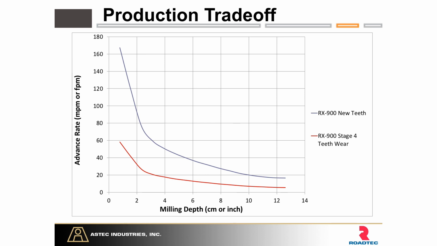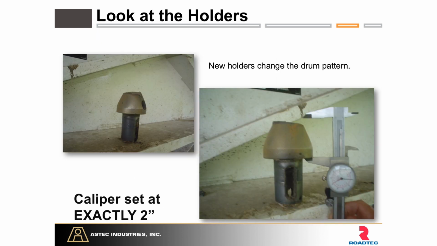So it's important to watch our tooth wear in terms of our milled surface, but also it behooves us to remove them in a timely manner once they're worn. Otherwise, the whole project's going to suffer in one way or another. Once a tooth is worn too far, let's say we've gotten past stage 4 and it's worn, then we get into the holder. The holder is where the tooth is seated down within the drum.